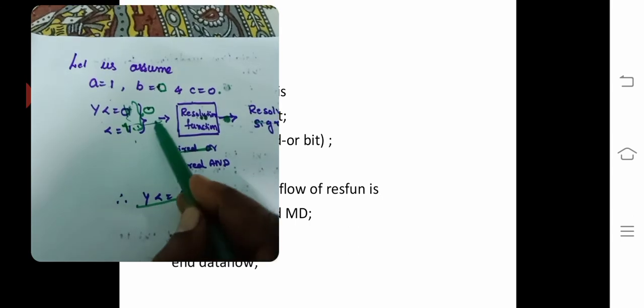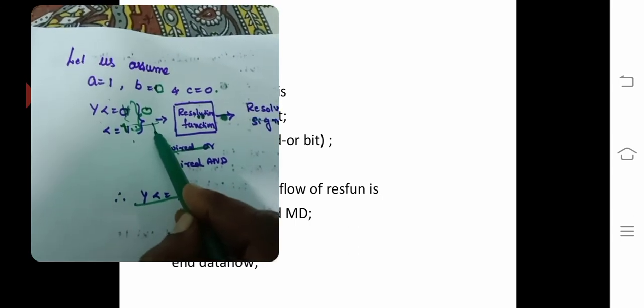But when I change the value of b to 0, then y is equal to 1 into 0, which is 0, and the other y is equal to 1. Here the resolution function applies, so wired OR is there. R takes the maximum value. That means your y is equal to 1.